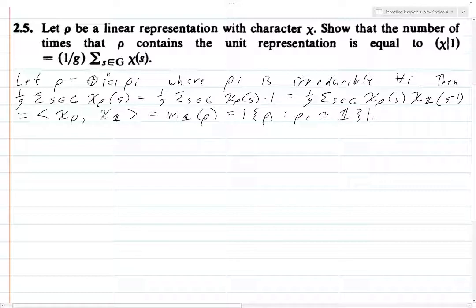So it's all the irreducible components of rho which are the unit representation, which is what they mean when they say that this is the number of times that rho contains the unit representation. So that does it. That's pretty much the problem.